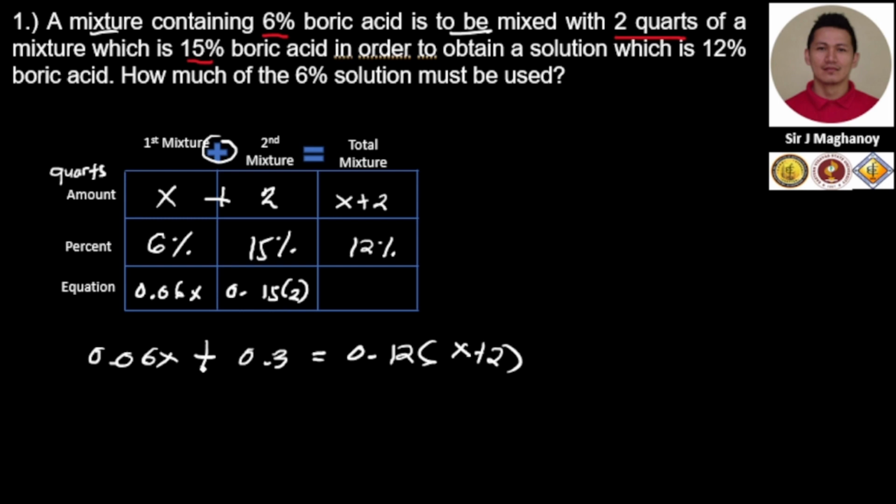Here, we already have a common equation. Let's make it quick, just use the quickest method. Shift solve. So 0.06x plus 0.3 is equal to 0.12 times the quantity x plus 2.